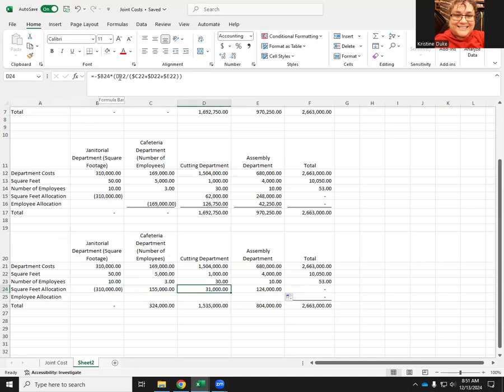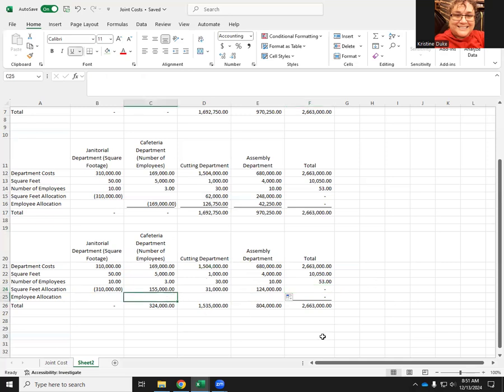So you can see up here my D22 is changed. It's no longer C22, and that one's going to be E. But what it's divided by is always going to be those entries right there. So now I've allocated out everything from the janitorial service to the cafeteria, cutting, and assembly.